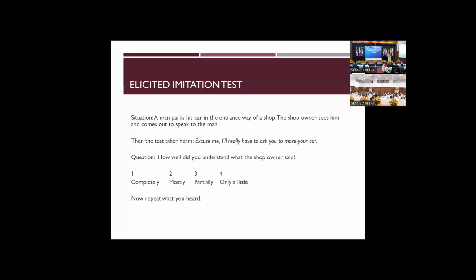So they read that situation, and then they are going to hear audio. They're going to hear a voice saying, "Excuse me, I really have to ask you to move your car." And then they had to say whether they understood what the shop owner said, right? And then they simply had to repeat what the shop owner said.